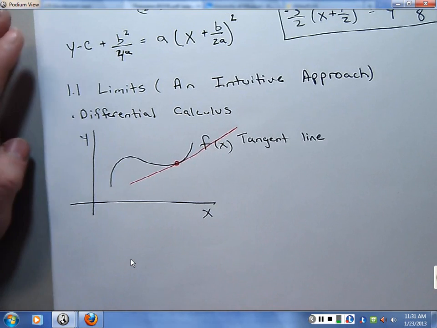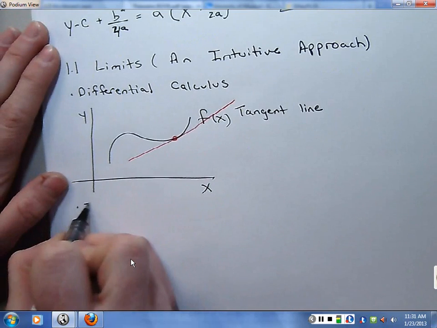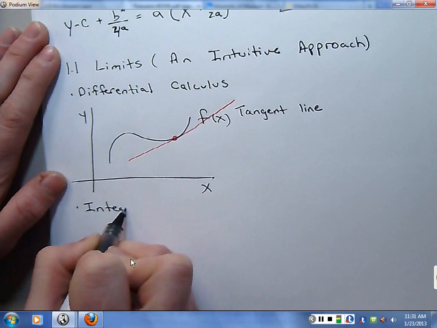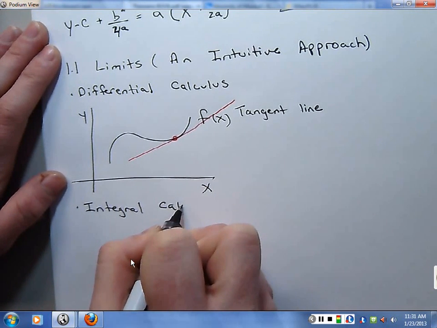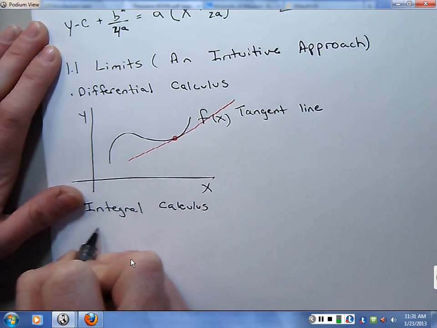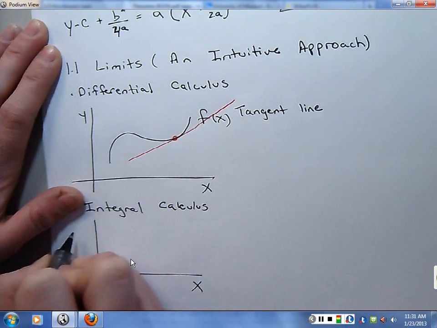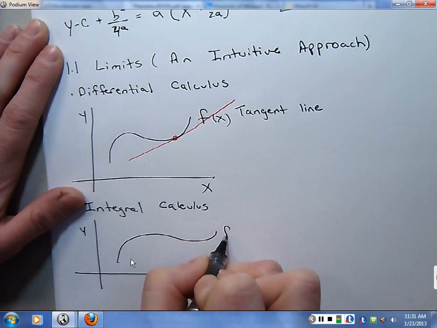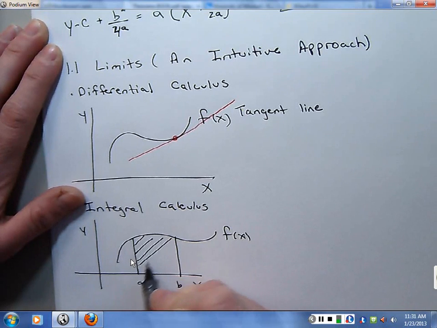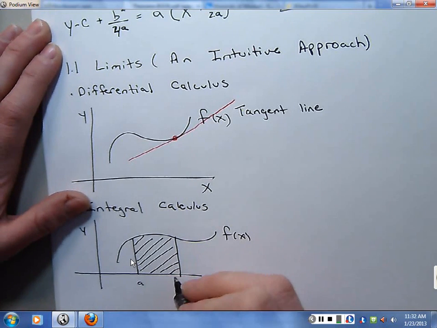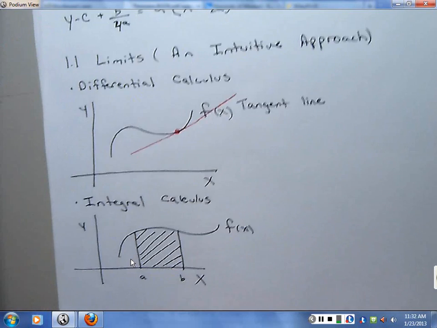There's also integral calculus. This will be chapter 5, chapter 6. And that will answer the question, given a function, f of x, finding the area between 2 points. So this is finding the area underneath the curve.